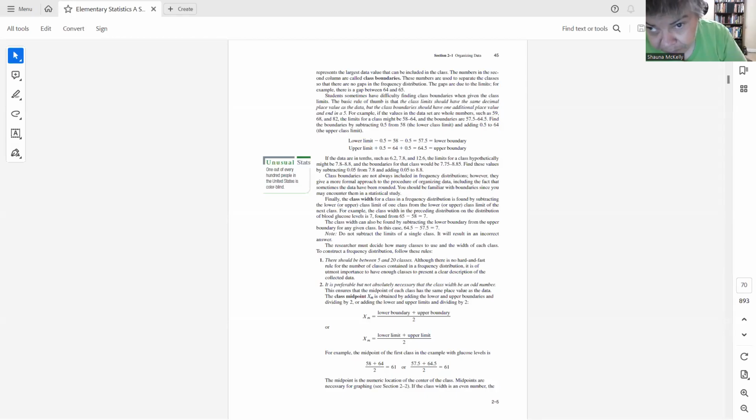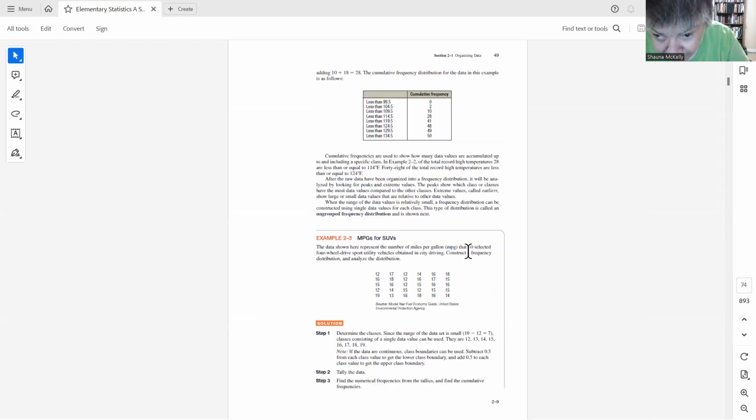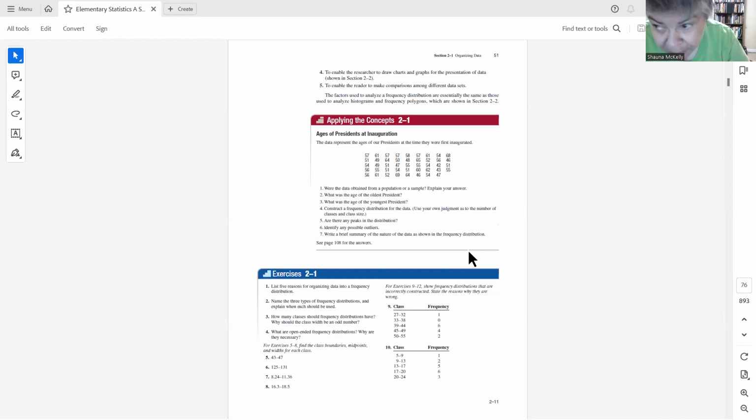So this is from section 2.1 in your book, and I wanted to point out something. It's regarding the difference between class boundaries and class limits.